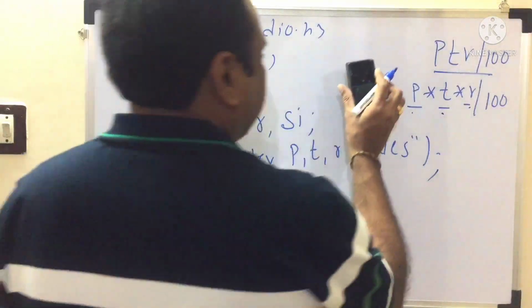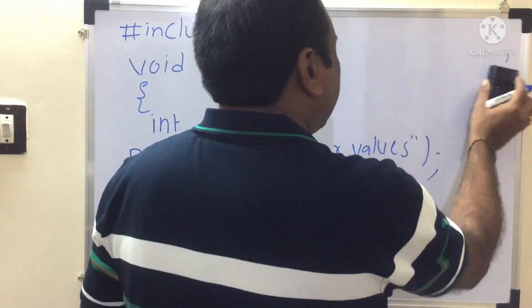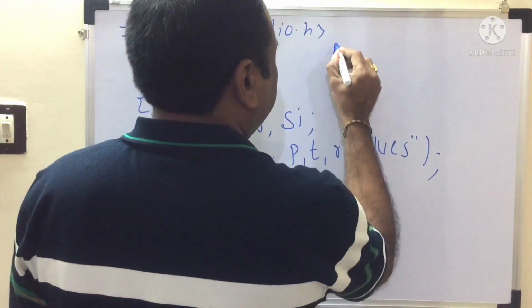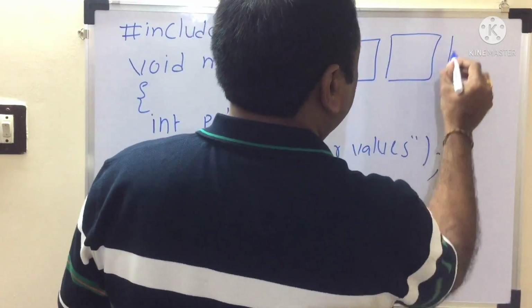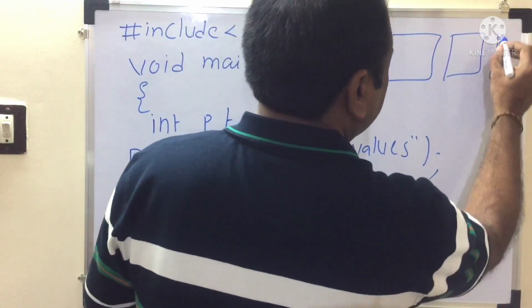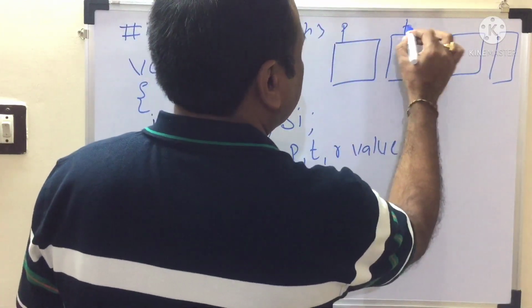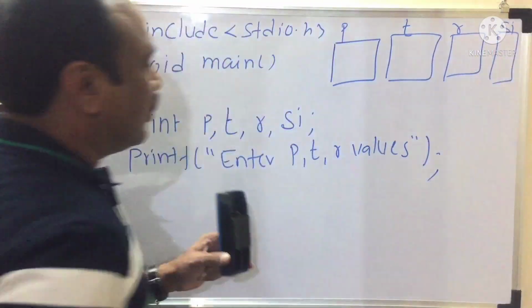Simple. In the last video I clearly explained that while writing a program, whatever variables we are going to use, we use variable names P, T, R and SI. This is variable name P, this is variable name T, this is variable name R, this is SI.